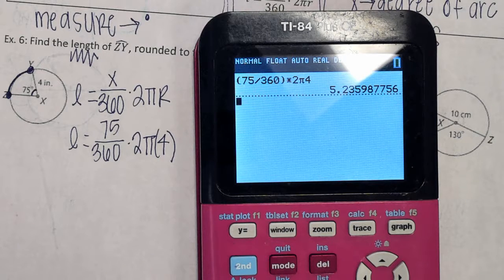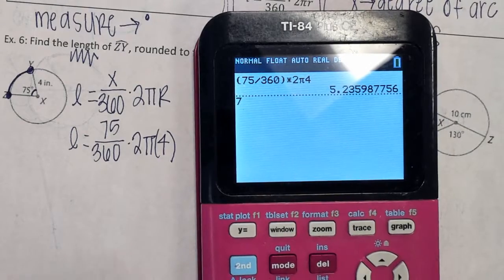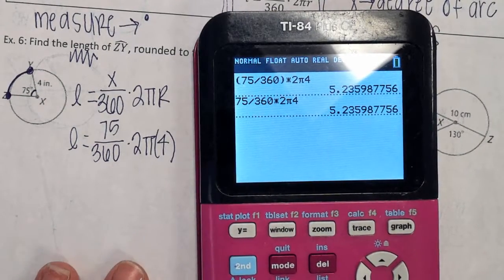Down here, you have to press your yellow key first, press shift and then the parenthesis. Let me show you what happens if you don't press your parentheses. Watch this. I'm just going to type it in. 75 divided by 360 times 2 pi 4. Oh, well, I got the same thing. Never mind. Okay, good.